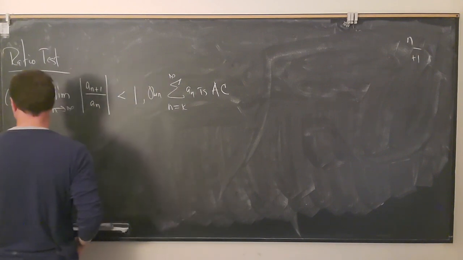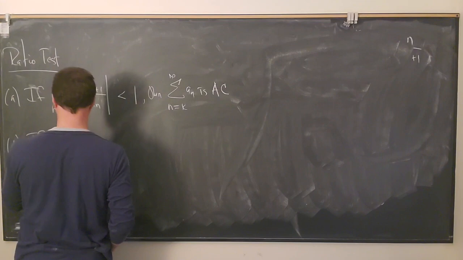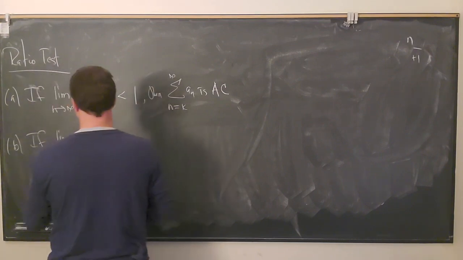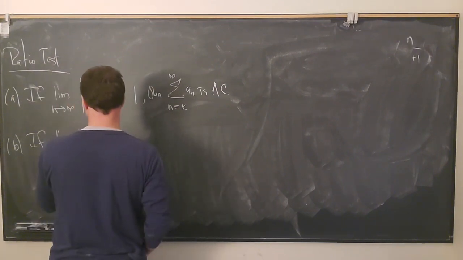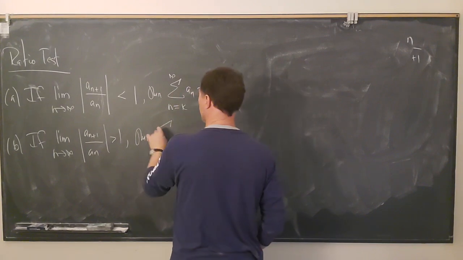Part B of the ratio test: if the limit as n goes to infinity of the absolute value of a sub n plus 1 divided by a sub n is strictly greater than 1, then the series diverges.